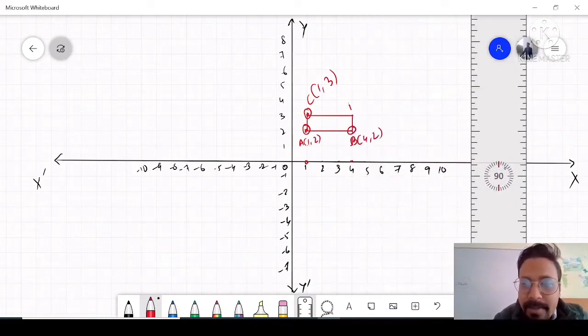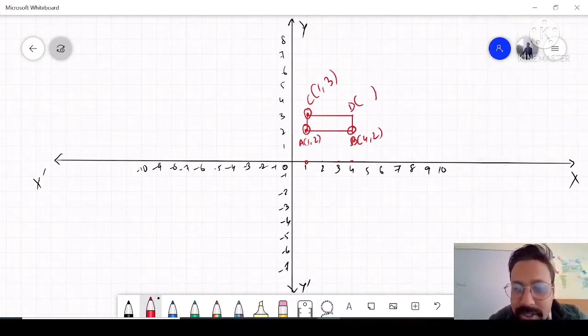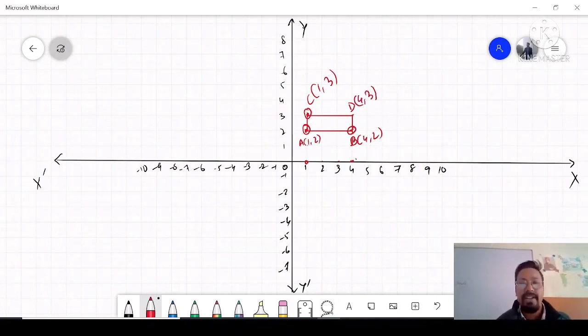So this must be our point D. What is going to be the coordinate of this point? Of course it is going 4 and 1, 2, 3. So it is going to be (4, 3). So that is how we find it. Therefore the required point D is (4, 3).